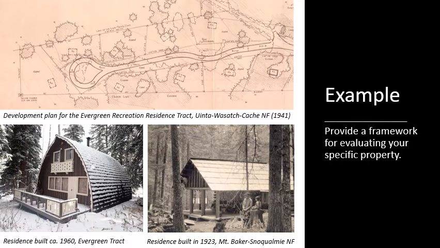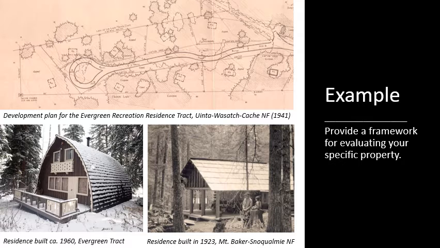If they have integrity, recreation residences meet Criterion A for their association with the influential recreation residence program. They meet Criterion C because they are often designed as formal neighborhoods and they reflect an established set of architectural qualities or characteristics.